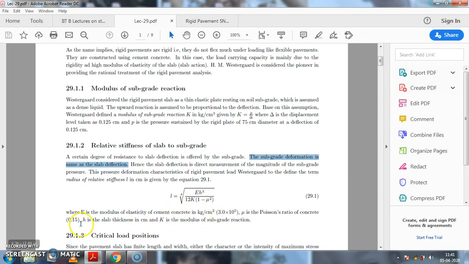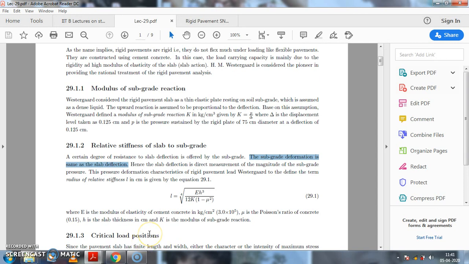Must know formula. Here E is the modulus of elasticity of cement concrete, which is in general 3 into 10 to the power 5 kg per centimeter square. Mu is the Poisson's ratio of concrete, which is 0.15, and h is the slab thickness in centimeter. Slab thickness in centimeter means only the slab portion, not the base course, not the sub base course, only the thickness of the rigid slab, that is the concrete slab.